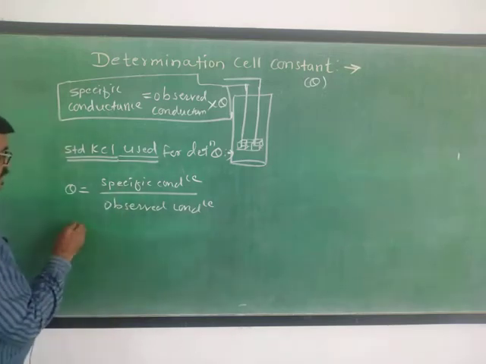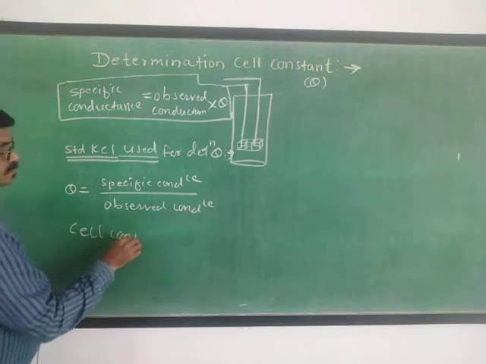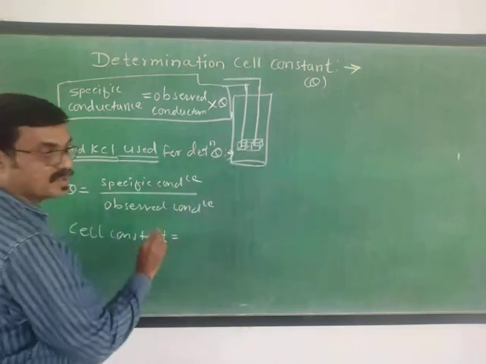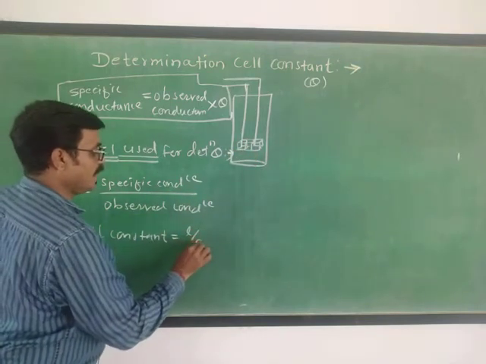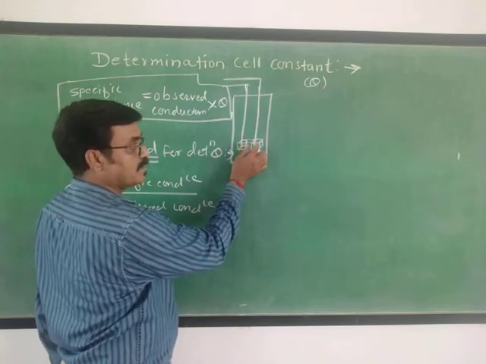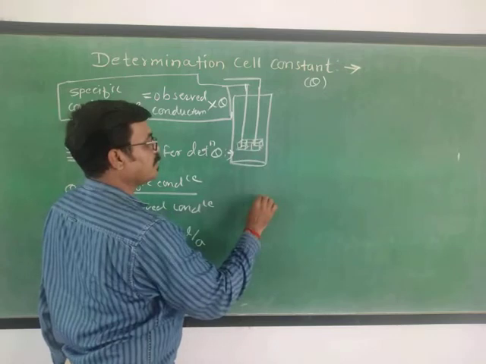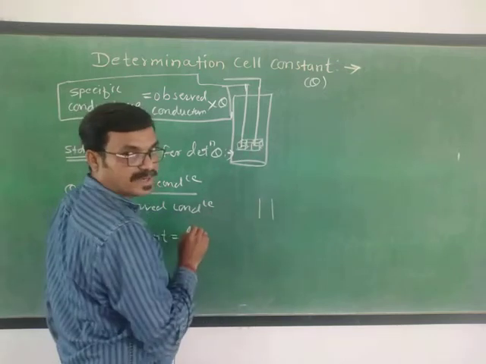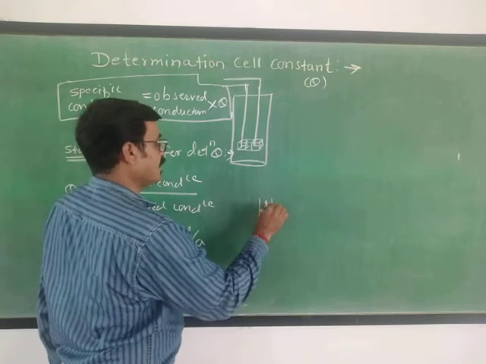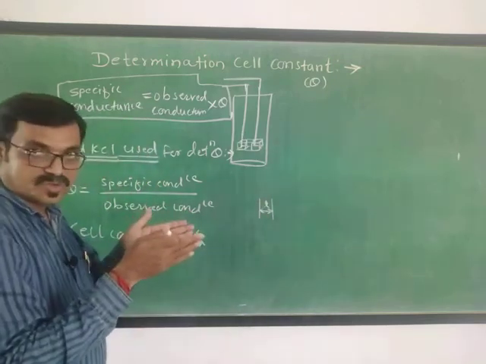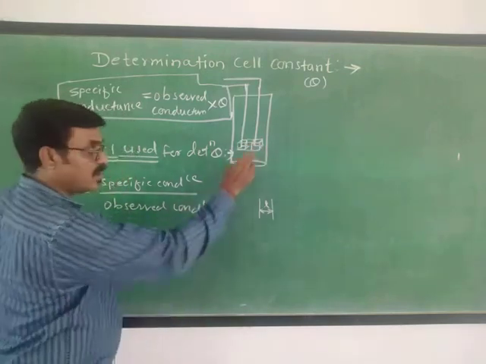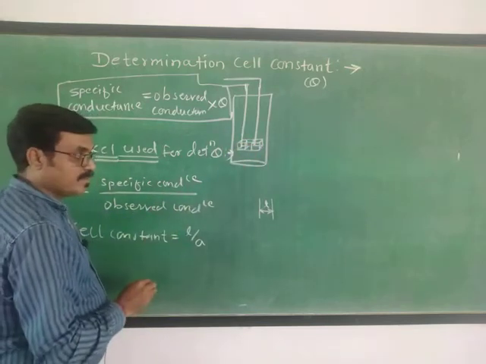Actually, the cell constant for this electrode is nothing but L upon A. Here there are electrodes, these two platinized platinum plates fixed, and the distance between them is L, the length between the two plates, and A means the area of cross section of the electrode.